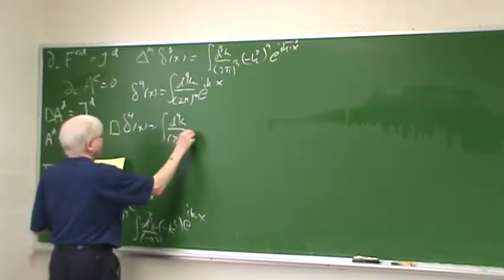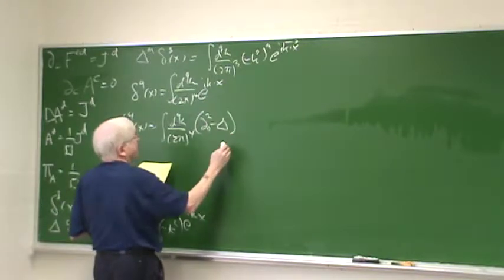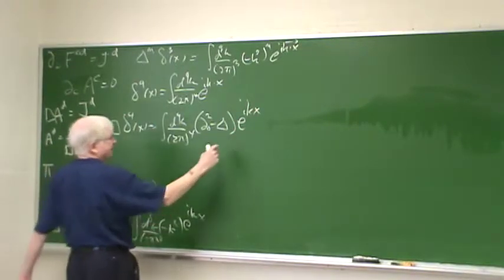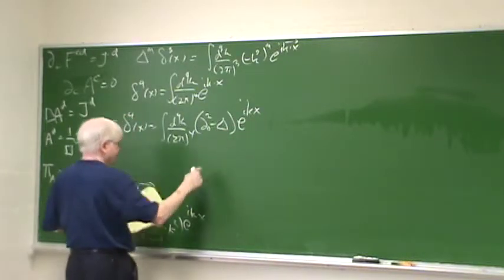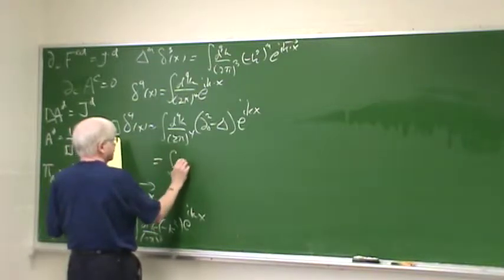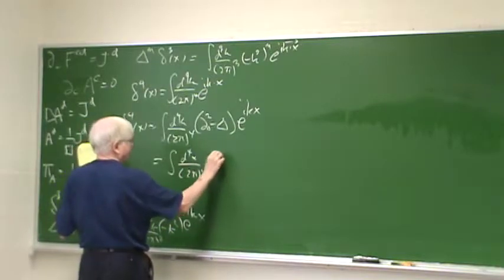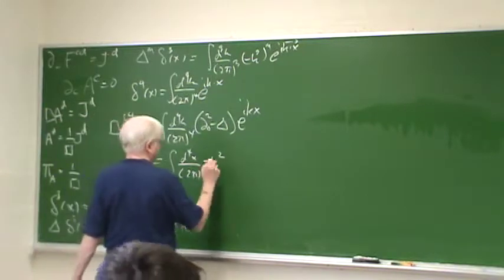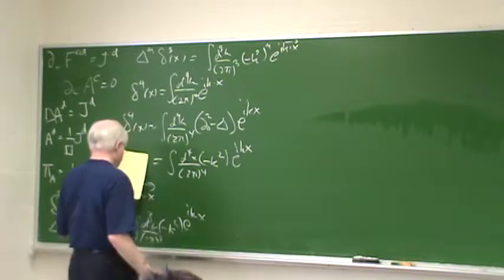Well, this is an integral d4k over (2 pi) to the 4th, and that would be time derivative squared minus the Laplacian on e to the i k x, and so this brings down a minus k0 squared, and then we have plus k vector squared. So altogether, this is an integral d4k over (2 pi) to the 4th, minus k squared e to the i k x.